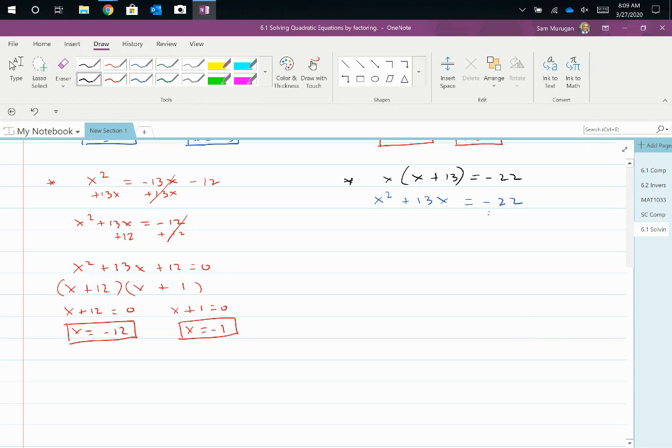Then we want to go ahead and add 22 to both sides to give x squared plus 13x plus 22 is equal to 0. Two numbers that multiply to give 22 and add to give 13: x plus 11, x plus 2. So x is equal to negative 11 and x is equal to negative 2.